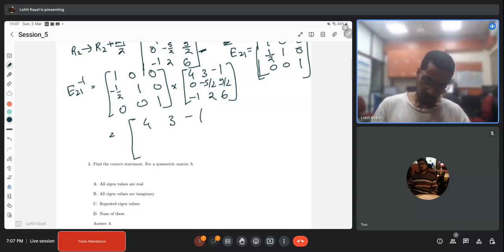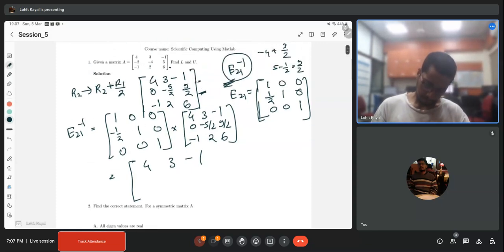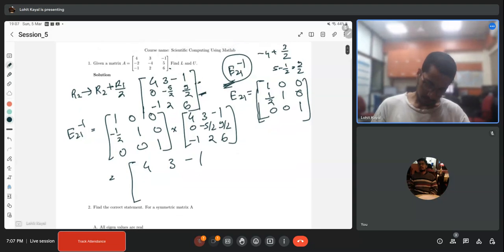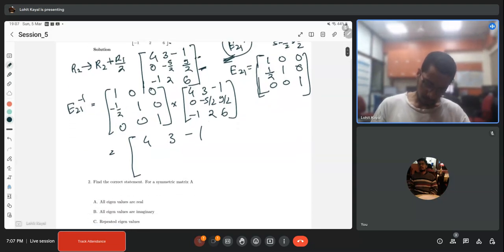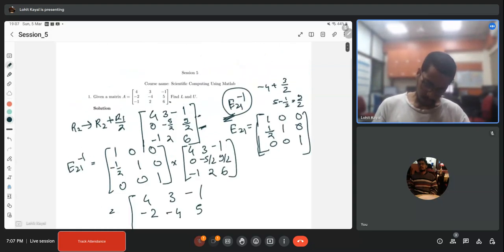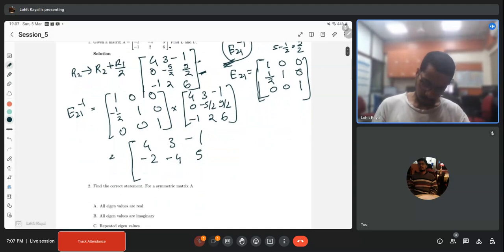Now minus half times 4 is minus 2, then minus 3 by 2 minus 5 by 2 is minus 4, plus half plus 9 by 2 is 5, and the third row remains the same, minus 1 2 6. So this claim is correct.